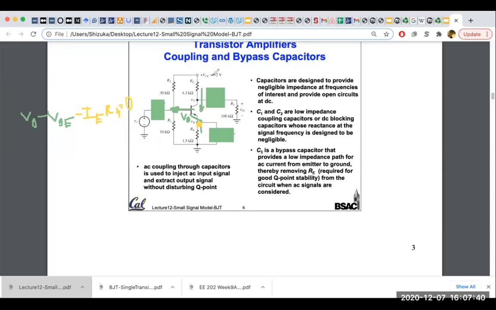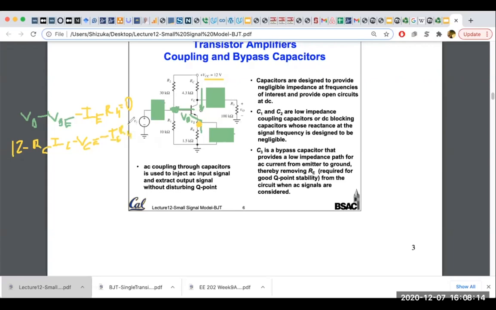And the other one is 12 volts minus RC times IC minus VCE minus IE R4 is 0. Are you guys following this?